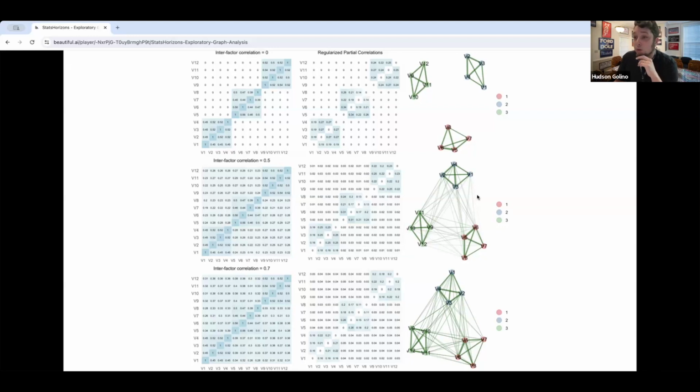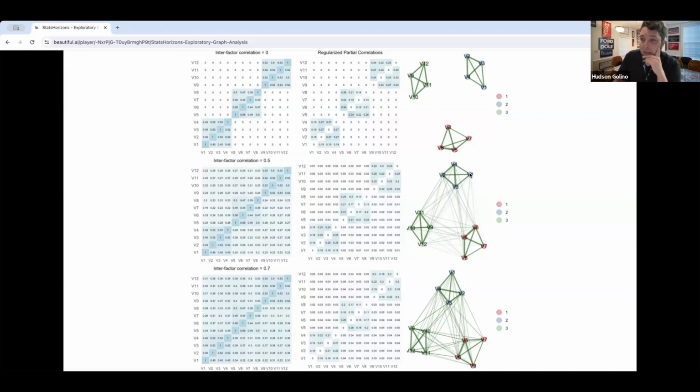The resulting network plot looks like this in the right. We have 3 clusters of variables, 3 clusters of items. They are interconnected, so there are edges between clusters as opposed to this completely isolated set of clusters here when the factor correlation is 0.